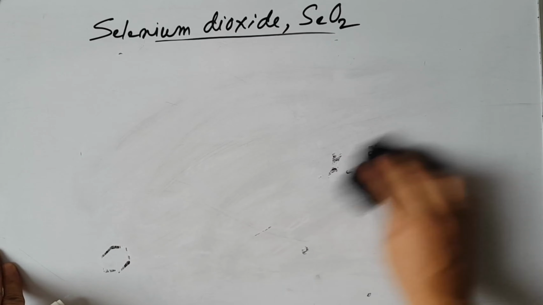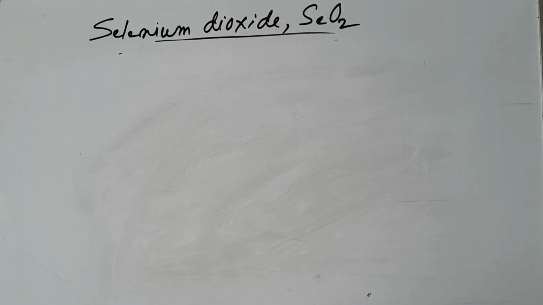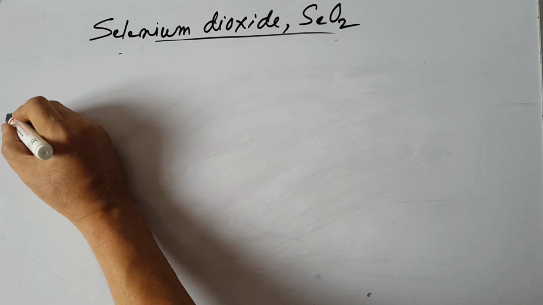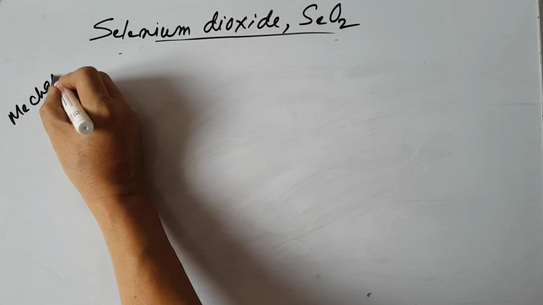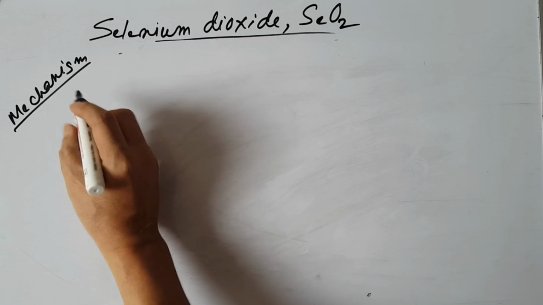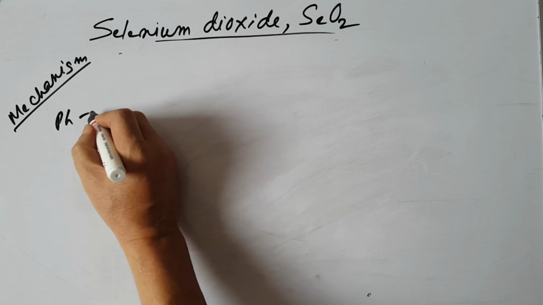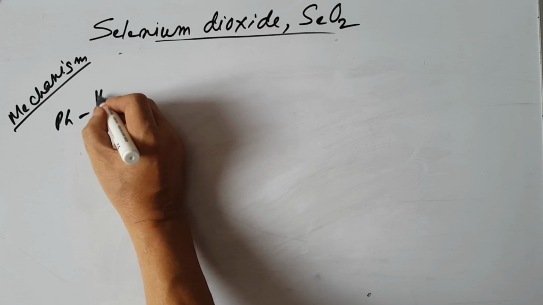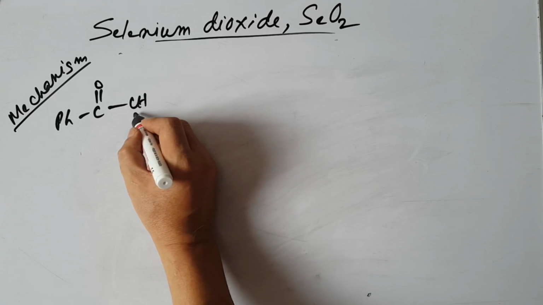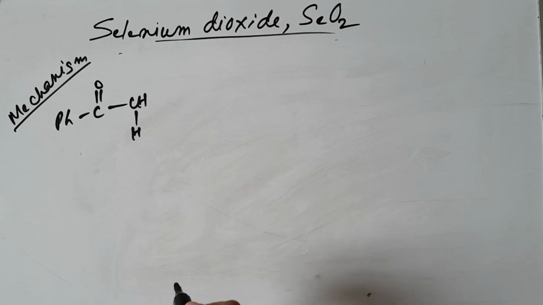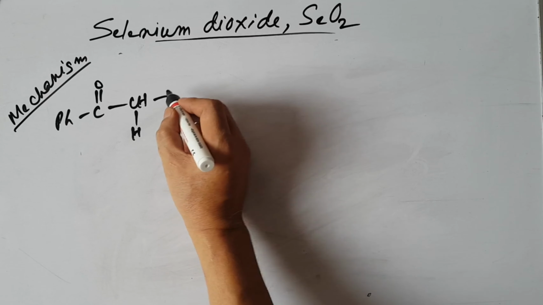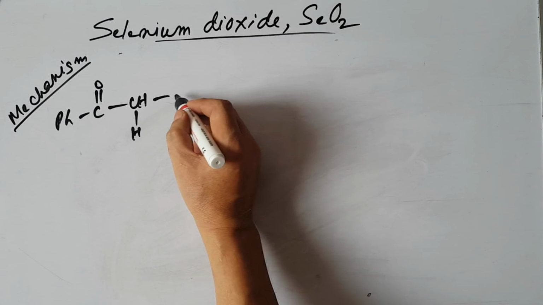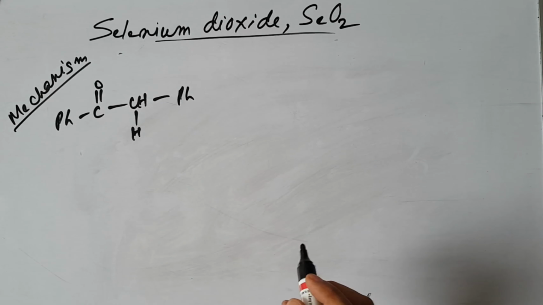Mechanism of selenium dioxide oxidation. So here, first the mechanism. The same example we can take here: formation of benzil. Phenyl CO, CH2, reactive methylene group, and then we have this phenyl, okay, another phenyl.